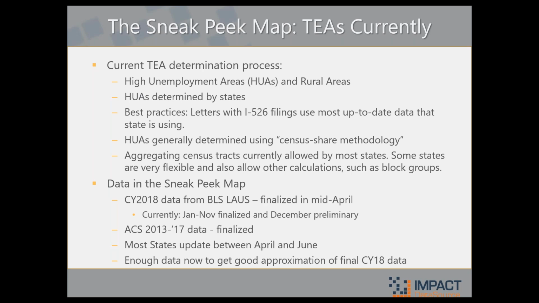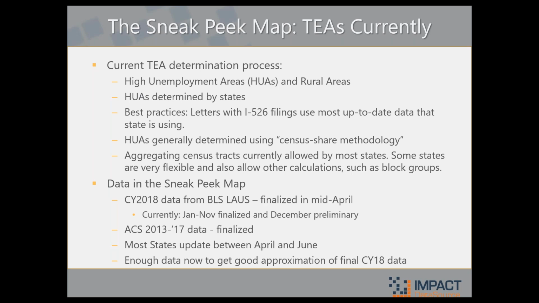So the data in the sneak peek map is again switching over from calendar year 17 to calendar year 18 data. There are a lot of moving pieces behind the scenes with the data. We use American Community Survey data combined with BLS LAUS data. The ACS data is finalized. It's now the 5-year average from 2013 to 2017.